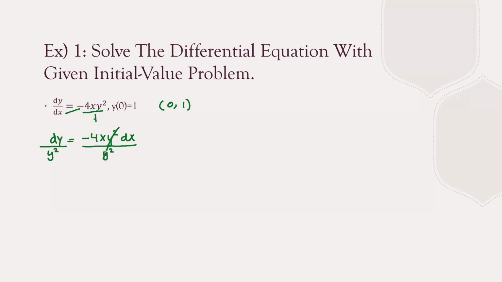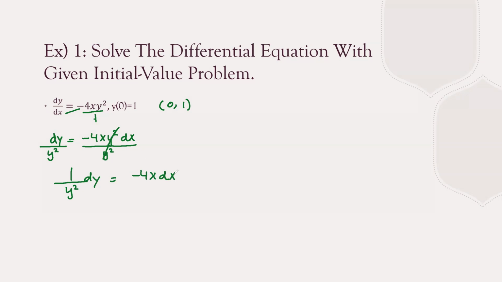So this cancels, and you're left with 1 over y squared dy. On the right, we are left with negative 4x dx. As you can see, we have all the y's on one side and all the x's on the other.